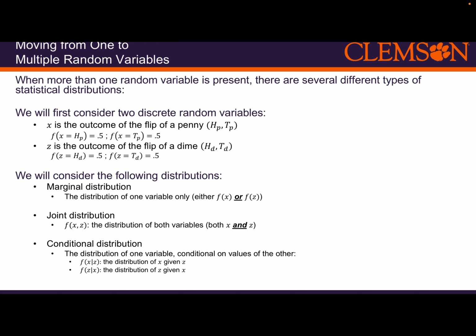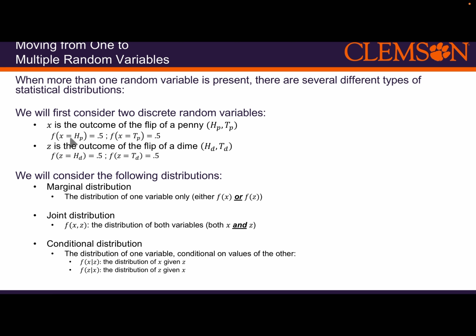Right? Let's first consider the case where we might have 2 discrete random variables. Let's imagine I have a penny and a dime, and I want to record the outcome of the coin flip, heads or tails. Again, I'm not going to be the pro that lands it on its side, so just heads or tails for this one. And let's further imagine that the probability, remember this is the PMF, probability mass function, both of these are discrete distributions.